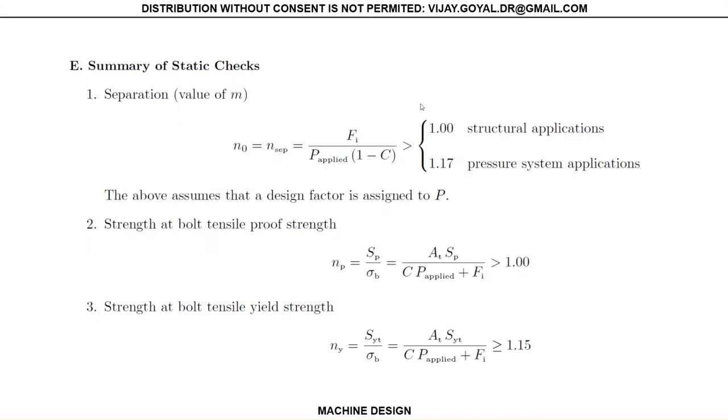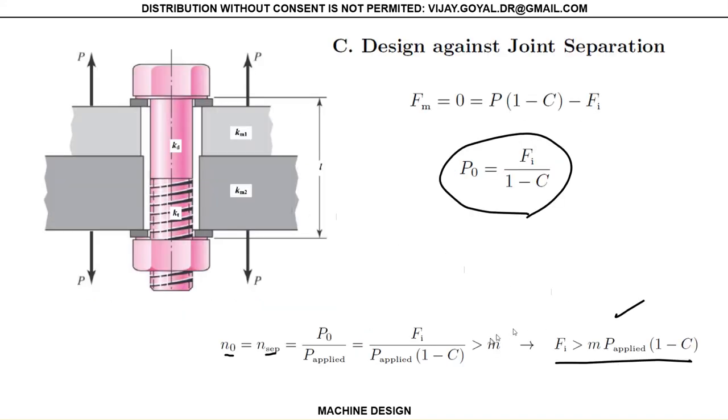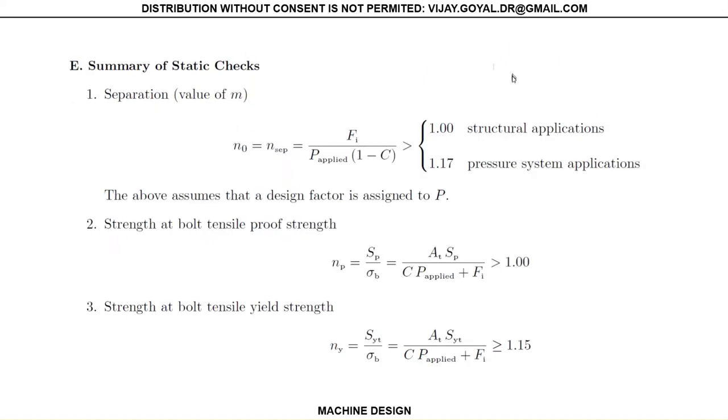So the summary, 3 checks. This is your m I was talking about earlier when I mentioned that there was a small m. So when you do these problems, m can equal 1 or can equal 1.17. This right here assumes that you already multiplied the load by the standard 1.2, or any design factor that you have. So this is 1, and this is 1.17 for pressure system applications.